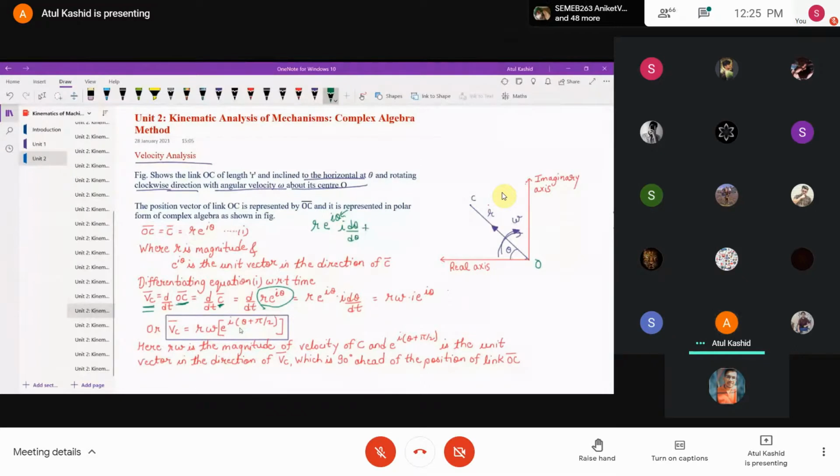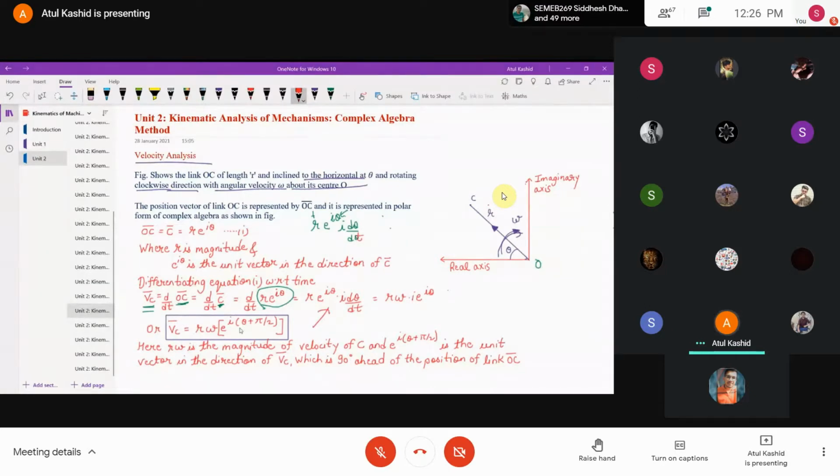Plus we take e raised to i theta and the differentiation of the radius, but R is the length of the link over here, which is constant, so this term is not going to come. So this will be R e raised to i theta into i d theta by dt, right?